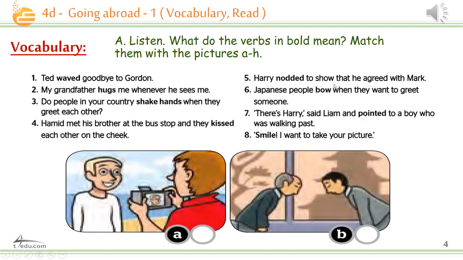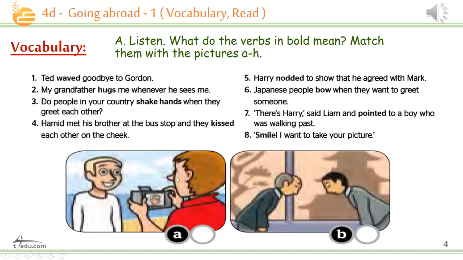Harry nodded to show that he agreed with Mark. 6. Japanese people bow when they want to greet someone. 7. There's Harry, said Liam, and pointed to a boy who was walking past. 8. Smile, I want to take your picture.